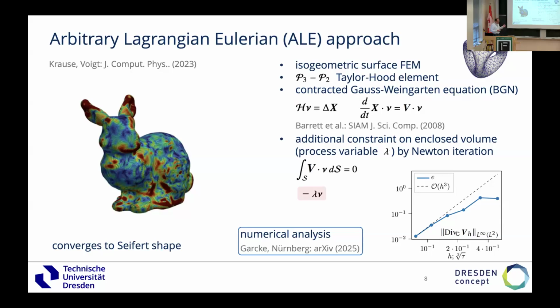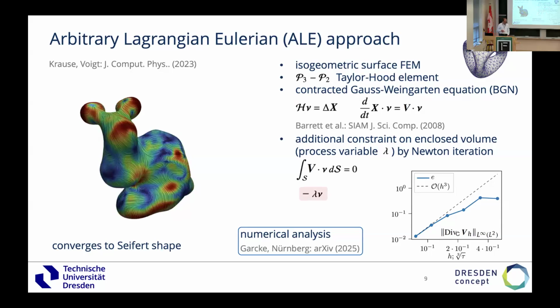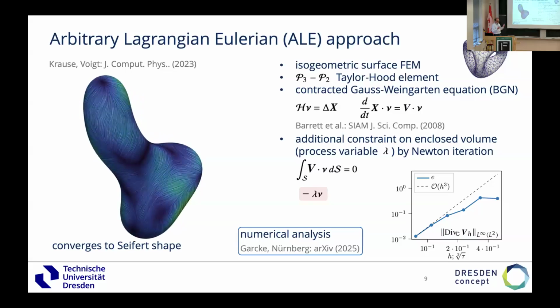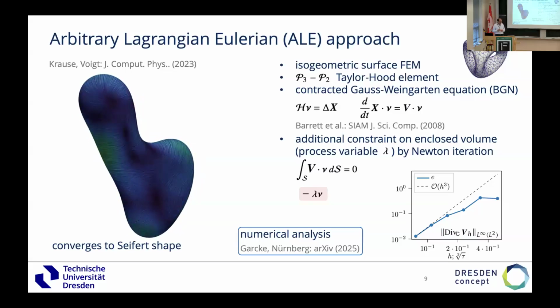Here we, in addition, incorporate a constraint on the volume. Due to the inextensibility, the area of my surface is anyhow constrained, but in addition, we constrain the enclosed volume by incorporating another Lagrange multiplier. And then we start with this bunny and let it evolve, and the color coding here shows the magnitude of the velocity.